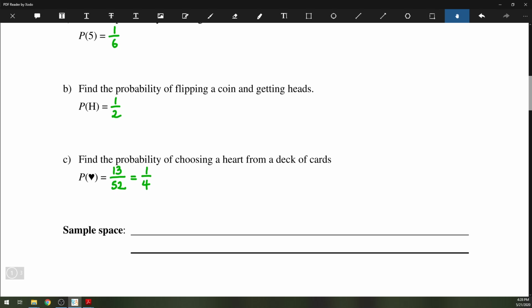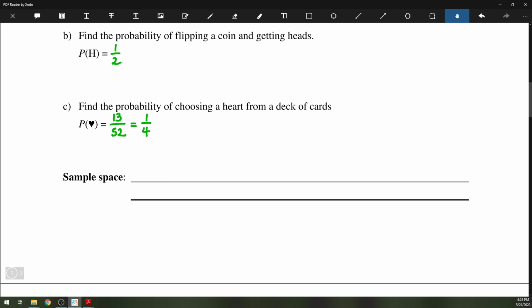All right. So what if you're not familiar with the number of outcomes or which ones are favorable? Then sometimes what you want to do is list a sample space.